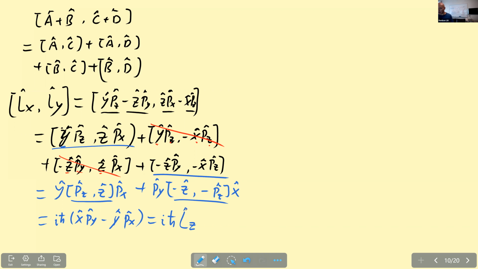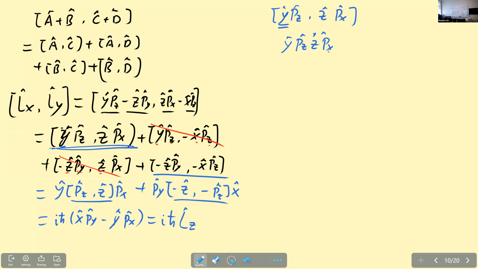So here I was a little bit quick. Let me expand a little bit more on this one. So [y pz, z px]. Y commutes with everything else, so this one can be written as y px [pz, z].